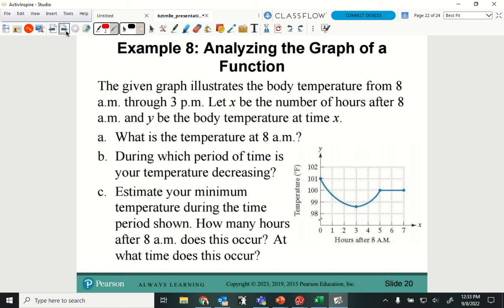Given the graph illustrates the body temperature from 8 a.m. through 3 p.m., let X be the number of hours after 8 a.m., Y be the body temperature at time X. So at 0 hours, what time is it? 8 a.m. It says right here, let X be the number of hours after 8 a.m. So 0 represents 8 a.m.